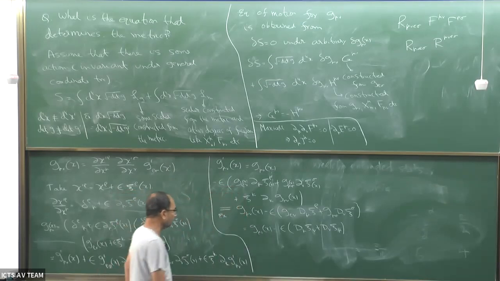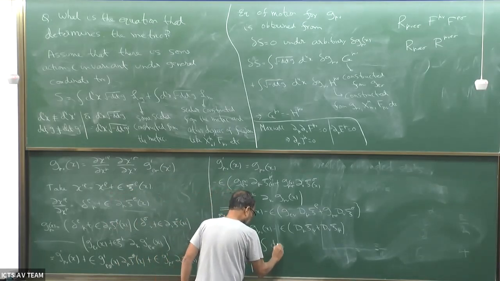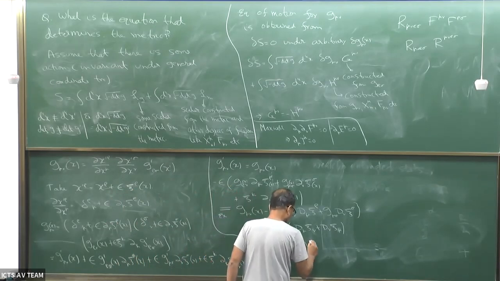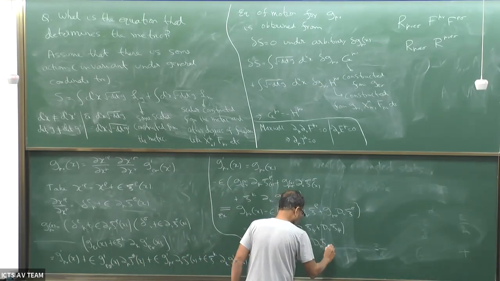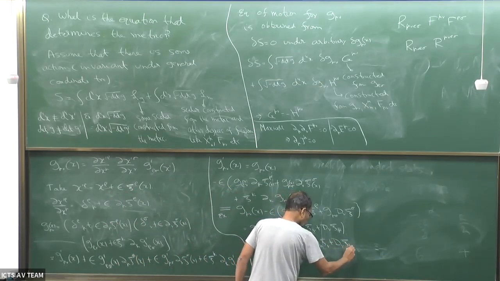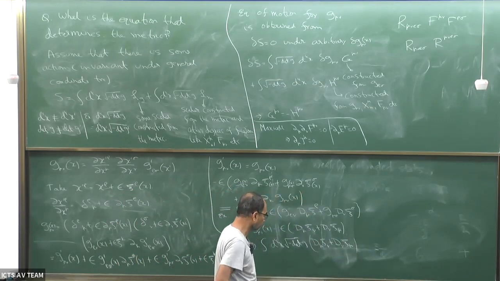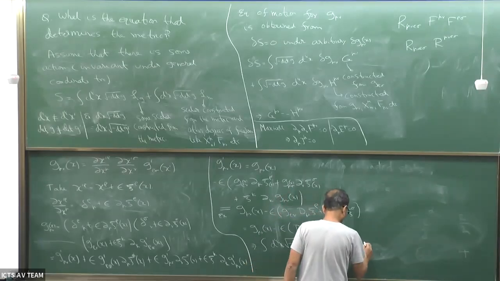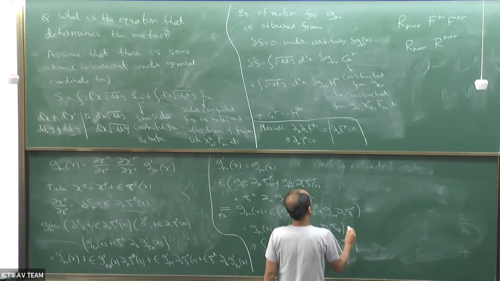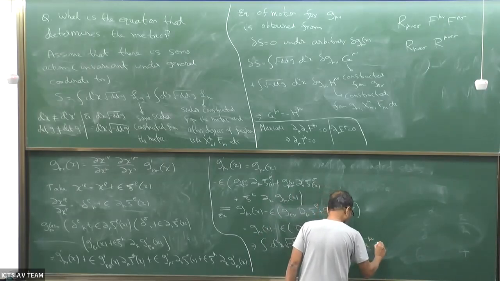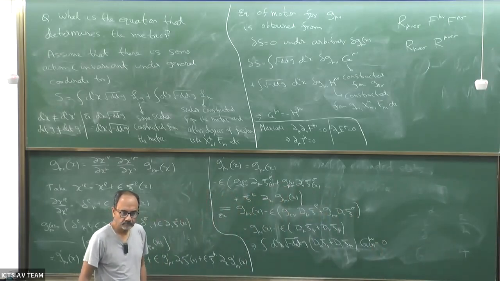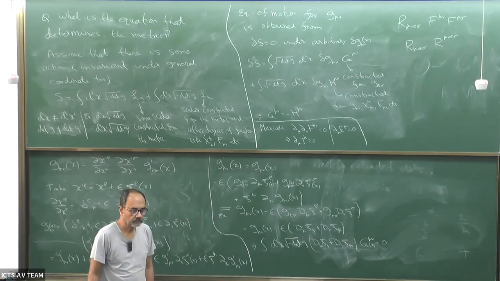So from this we conclude that integral d4x square root of minus determinant g... Is this clear?